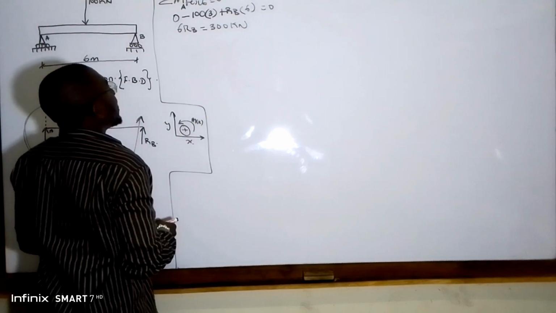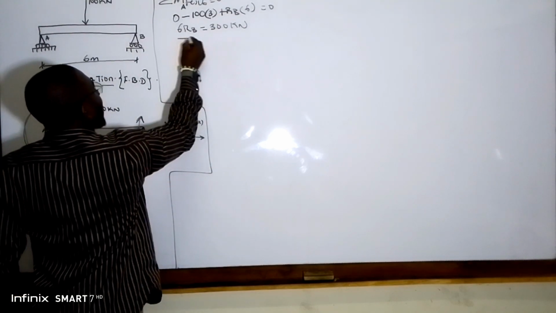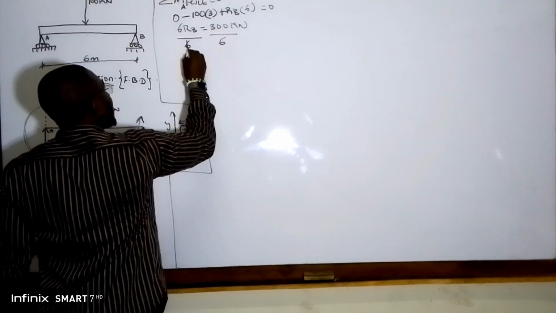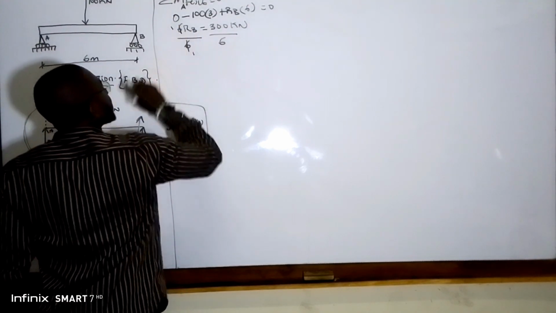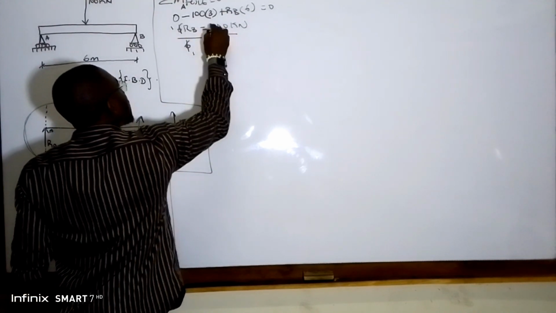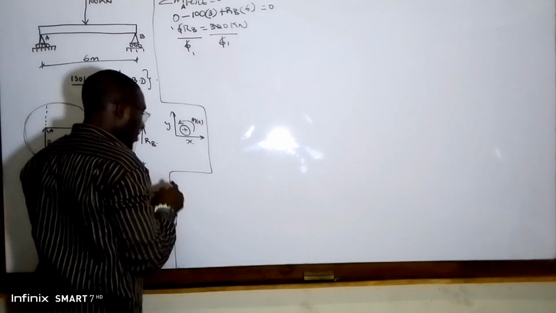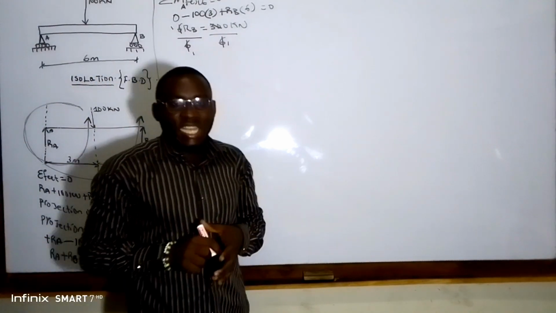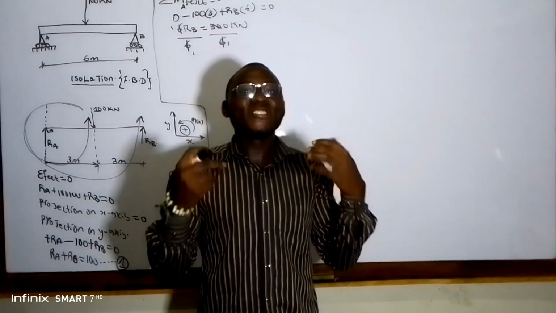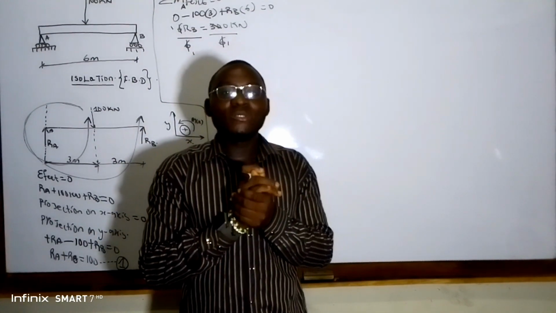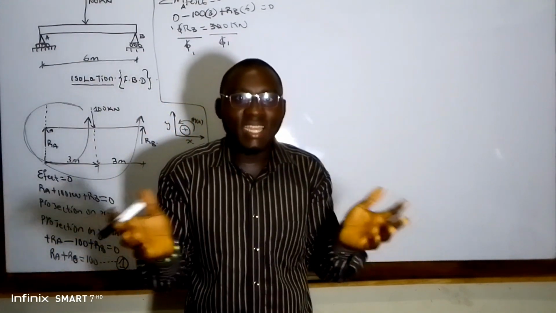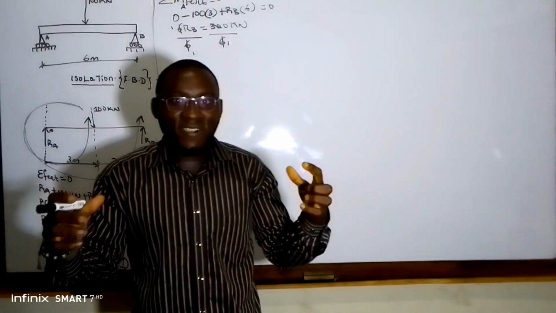So guys, thank you very much. Let's look for our RB. We divide all through by 6. 6 here 1, 6 here 1, 6 into 30. So guys, don't forget, just as I told you, you need your calculator at every moment when you are doing your structural analysis or load evaluation, when you are solving applied mechanics.